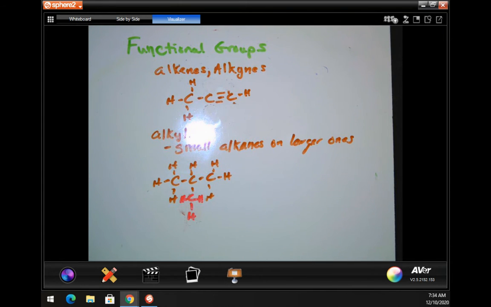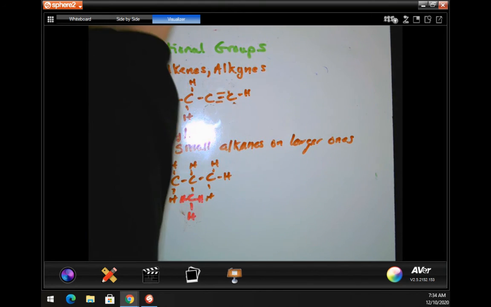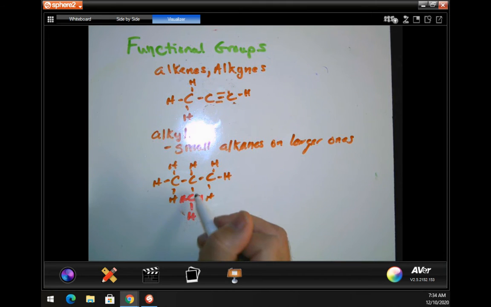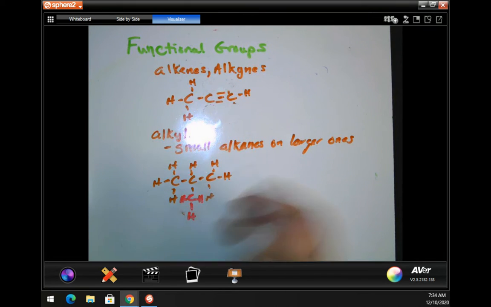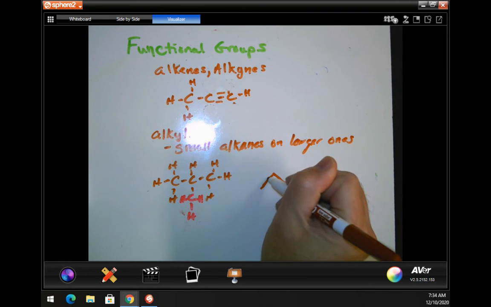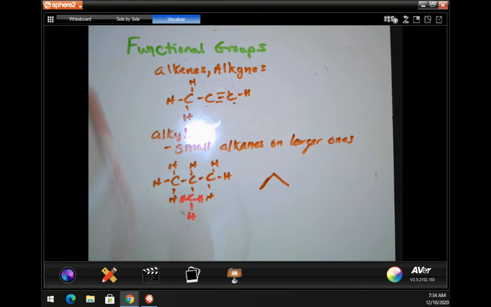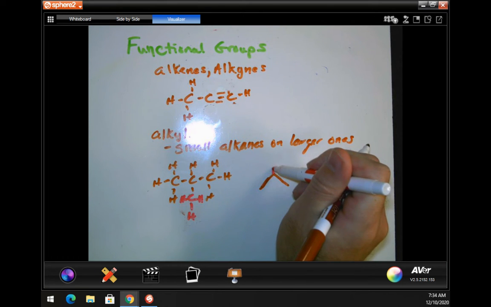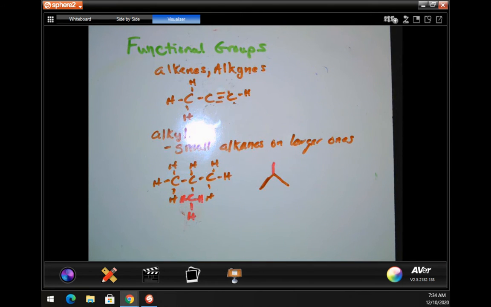Like that. That functionally changes what this thing is. So this becomes an alkyl that's on an alkane. And usually when we draw this with a skeletal structure, it would look like that. Okay, so that kind of catches us up to speed on the various alkenes, alkynes, and alkyls.